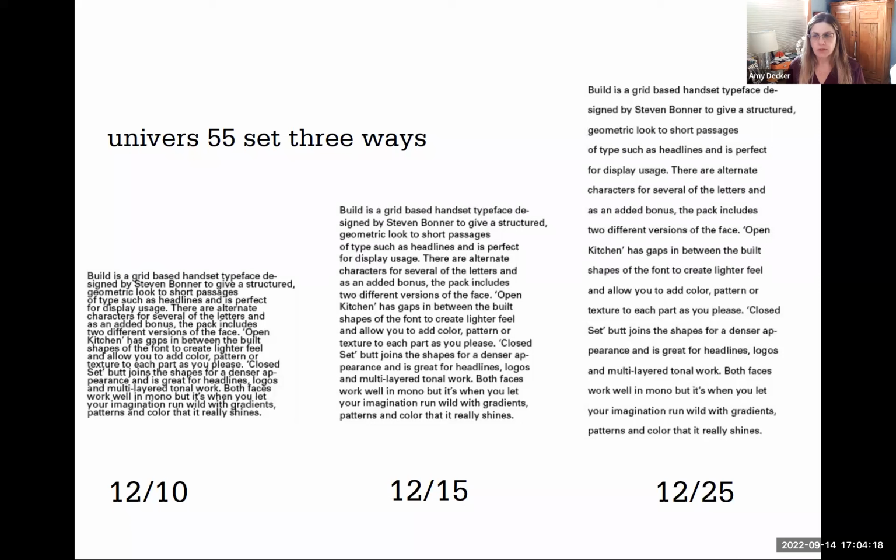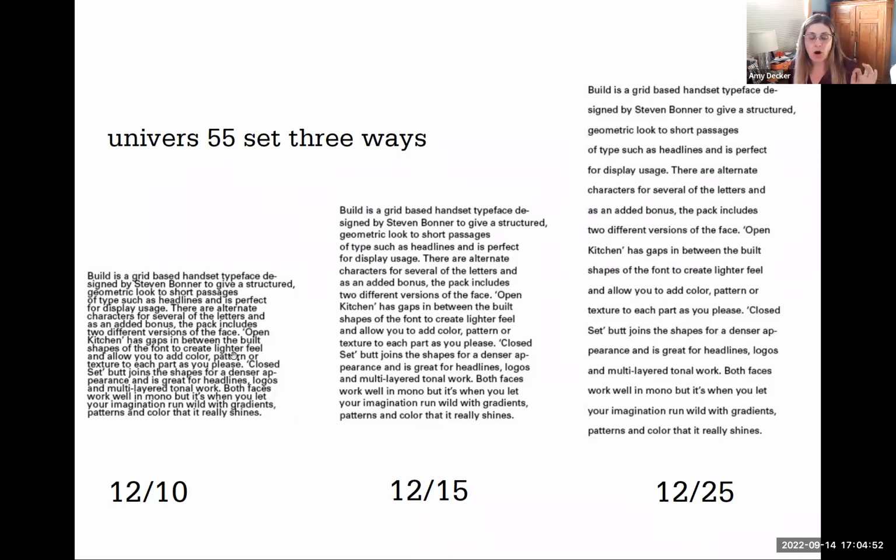Let's get everyone's vote. Okay, it looks like everyone voted. I don't see everybody here. So it looks like no one is saying, let's go ahead and read 12/10. I think we're all in agreement that that looks pretty painful to read, right?